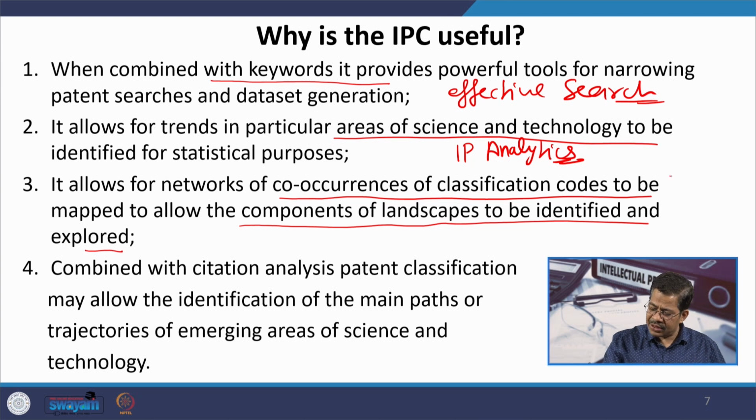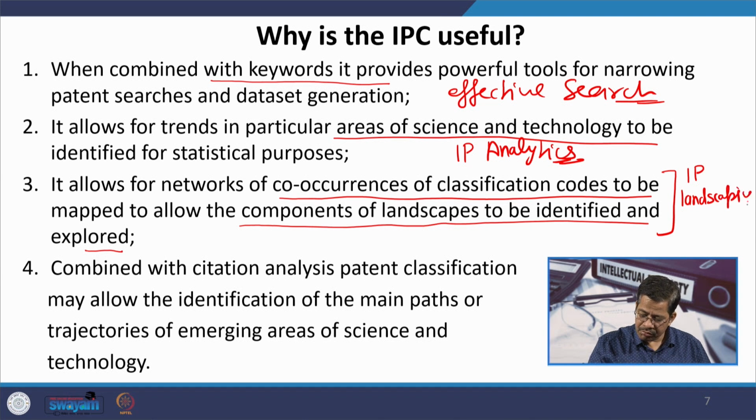So, with this IPC system, you are able to do proper IP landscaping. IP landscaping is a topic which we will be discussing separately in one full session. What IP landscaping means, how landscapes are created, and what type of information benefits we are going to get from landscaping, we will discuss in a separate session.